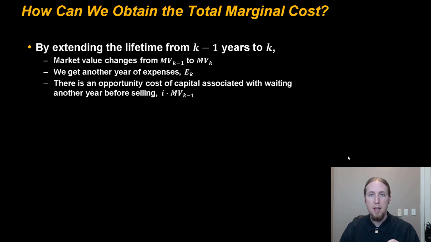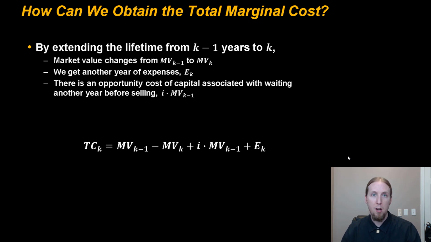In other words, if we had sold the asset in year k minus 1, then not only would we get the market value, MV sub k minus 1, then as we go another additional year to year k, we could earn interest on that value. So we could have taken MV sub k minus 1, invested it, and earned i times that over that year. So those are the three different things that change as we go from k minus 1 to k.